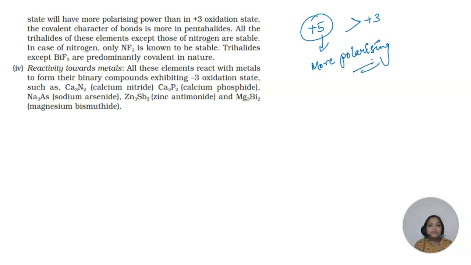Small size, high charge, more polarizing power. Reactivity towards metal: they can form nitrides, like calcium nitride, calcium phosphide, and so on.